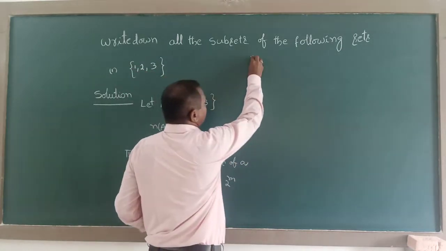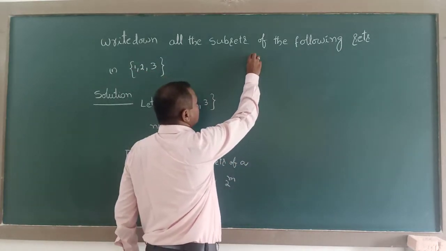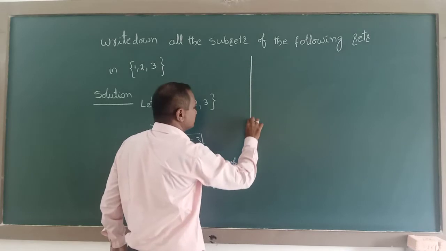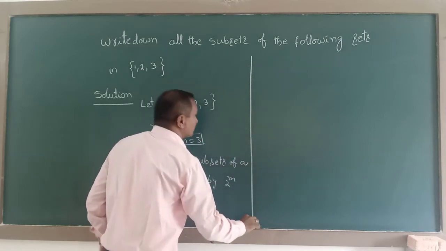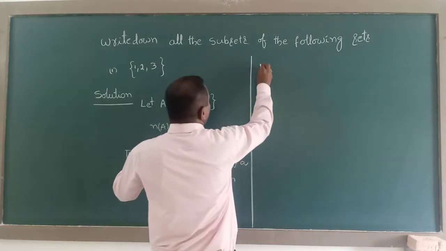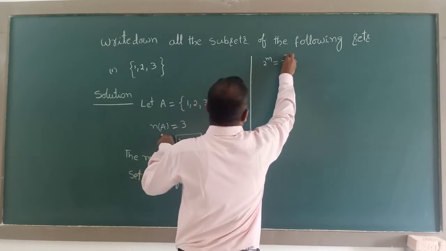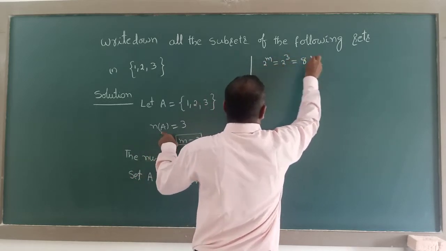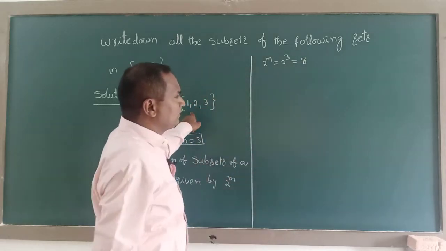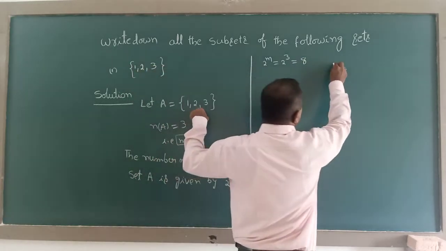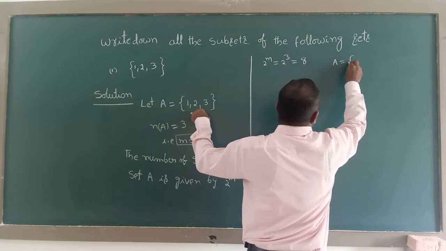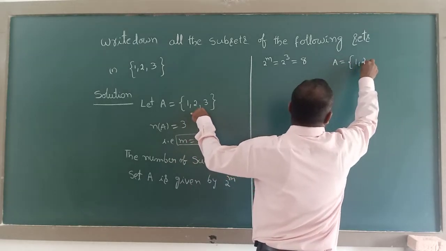Now let us find the subsets for this given set. 2 to the power of m is equal to 2 cube, which is equal to 8. 8 subsets will come from the given set A equal to the set of the elements 1, 2, 3.